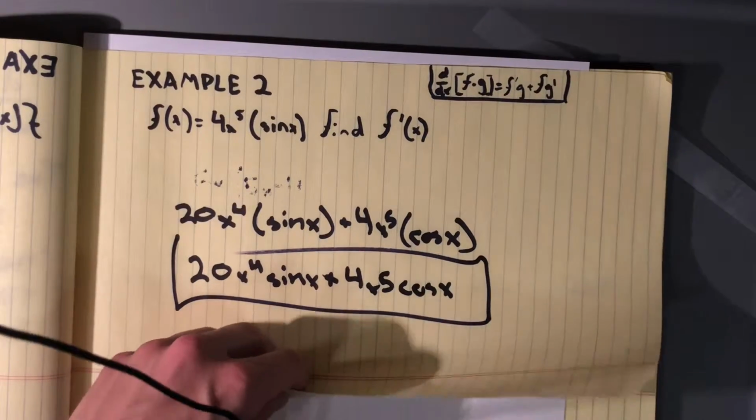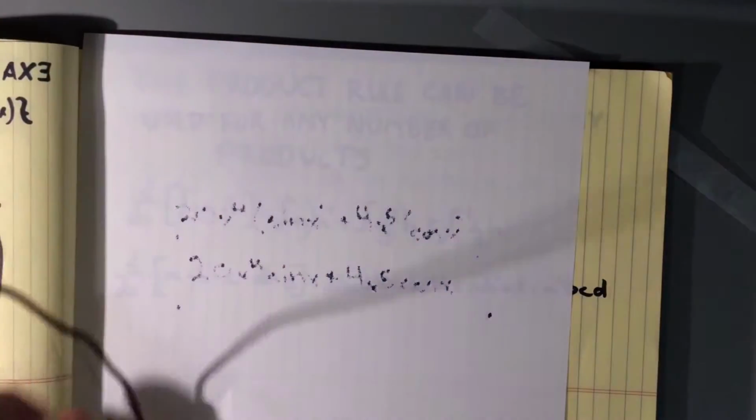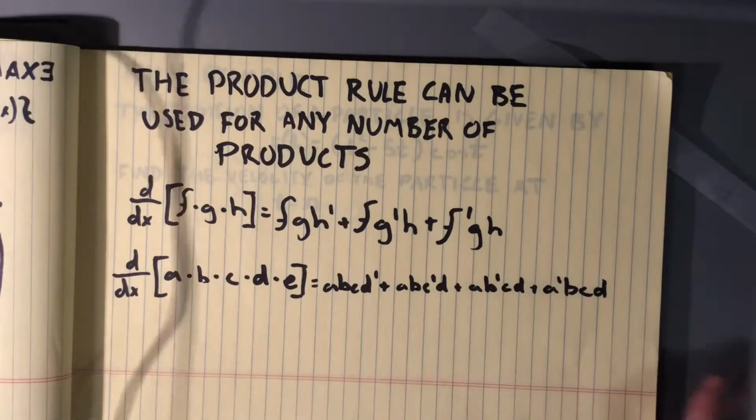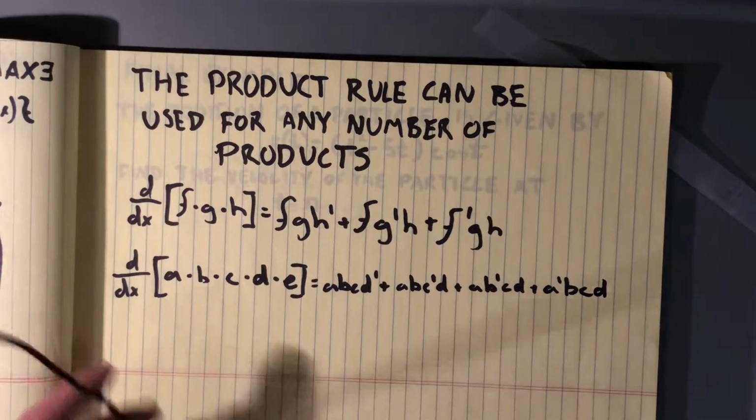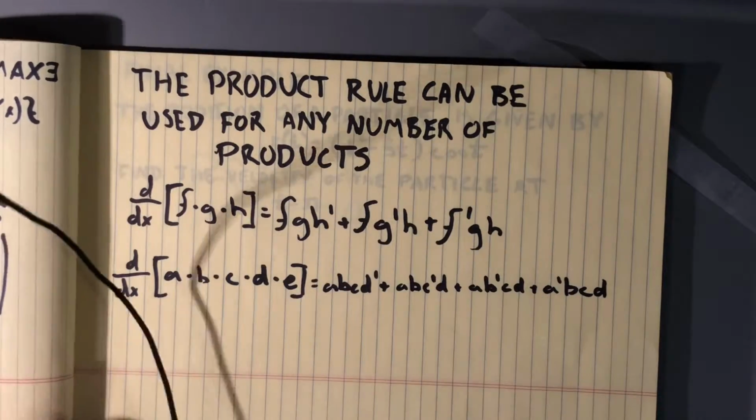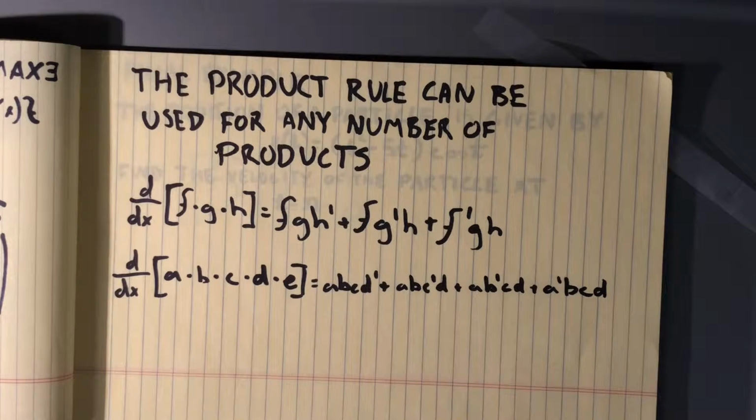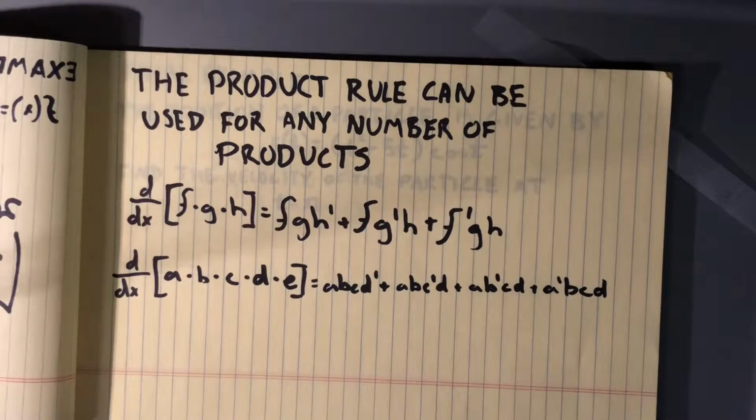Before our third example, there's another thing I need to talk about, which is that the product rule can be used for any number of products. Say you have 3 products.